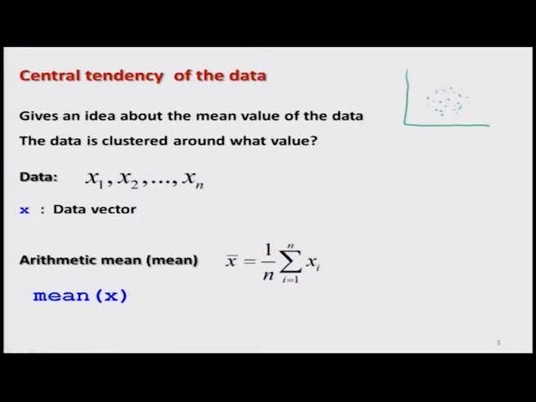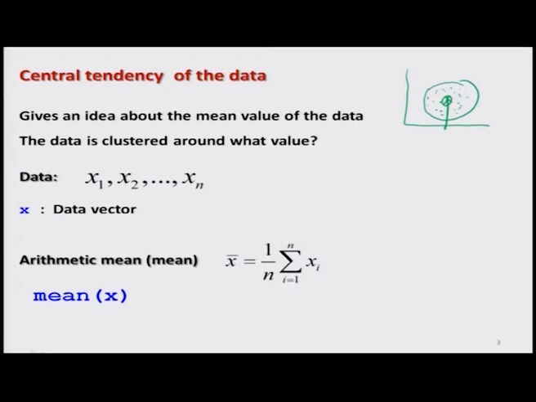One can see here that this is the point in the center around which all the values are concentrated. So this is trying to indicate the measure of a central tendency, right. There are different measures of central tendency, so we discuss them one by one.